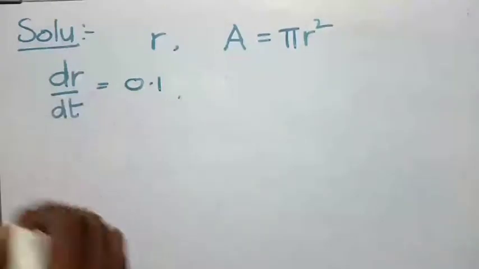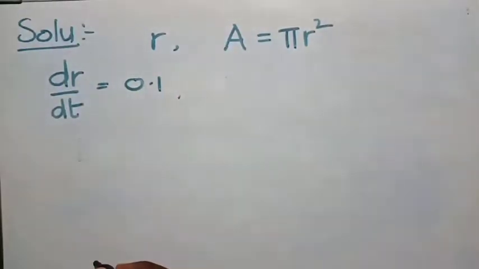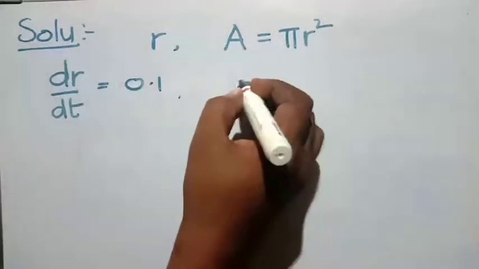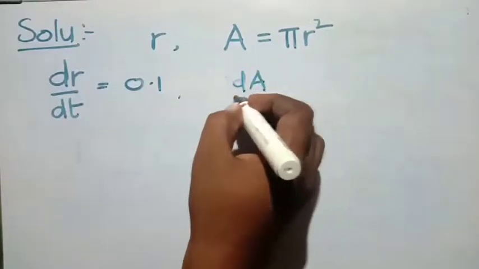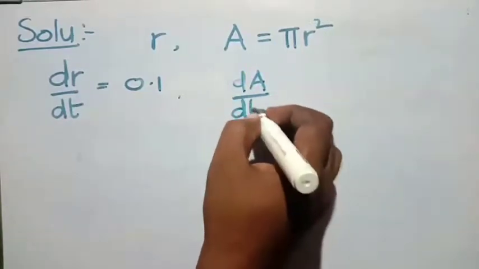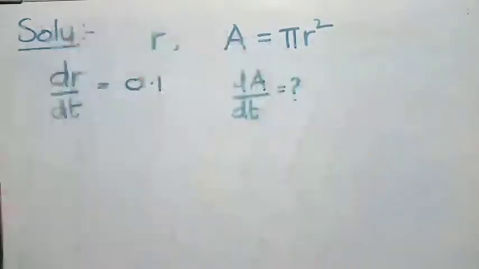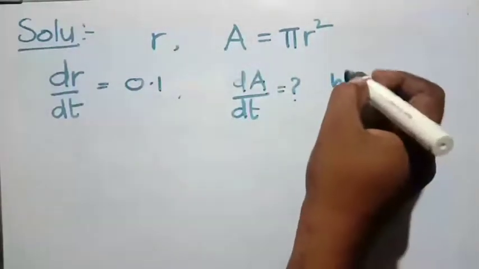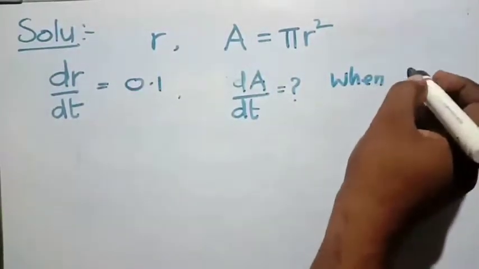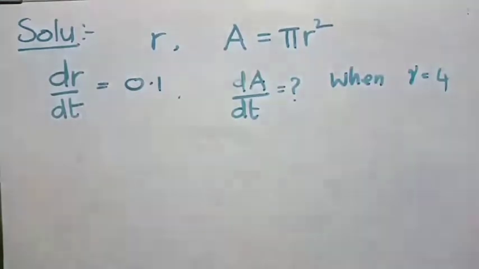Okay, now what we need to calculate is the rate of increase of A. That means we have to find the rate of change of A with respect to time when r is equal to 4.